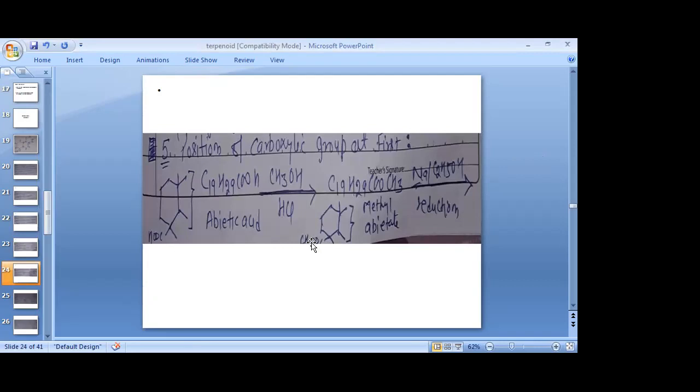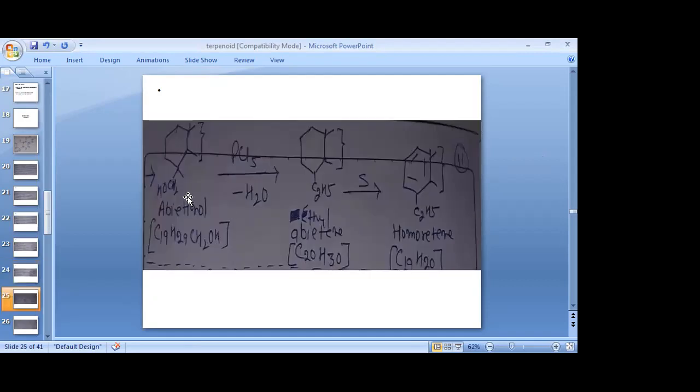First here was COOCH3, and then after reduction it converts into abietinol, with CH2OH. And after that, if it reacts with PCl5, phosphorus pentachloride, then H2O will be removed.